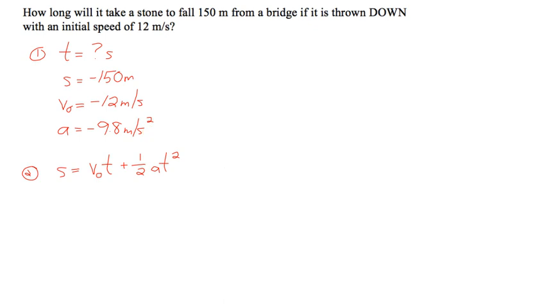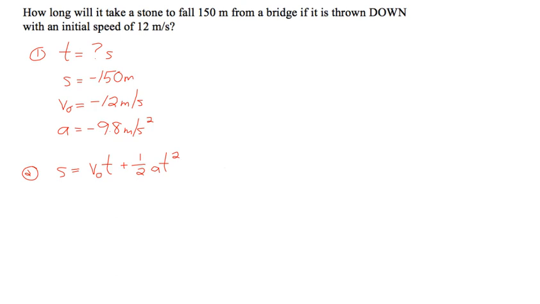If I want to solve for time directly, I have to use the quadratic formula because time is to the first degree in this term, and it's to the second degree in this term. So I need to take this formula and write it in standard form for a quadratic equation so that I know what my A, my B, and my C are that I can plug into the quadratic formula.